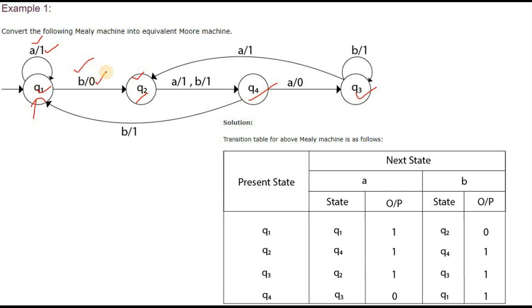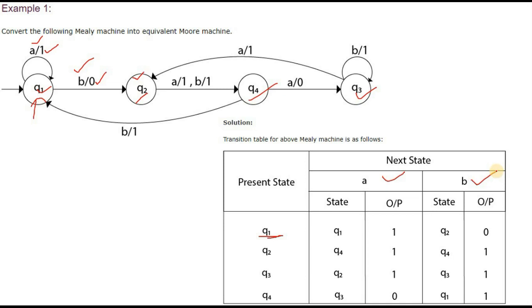So with inputs A and B, the states are Q1, Q2, Q3, Q4.